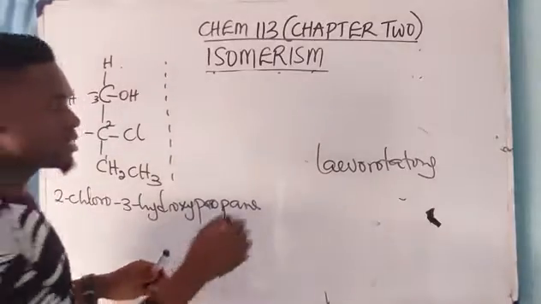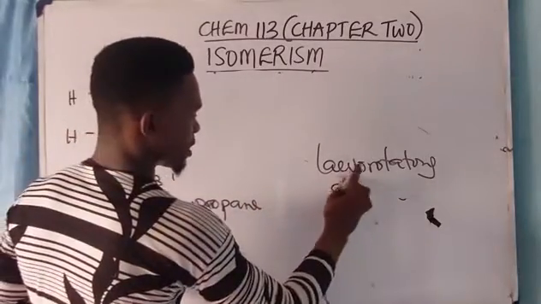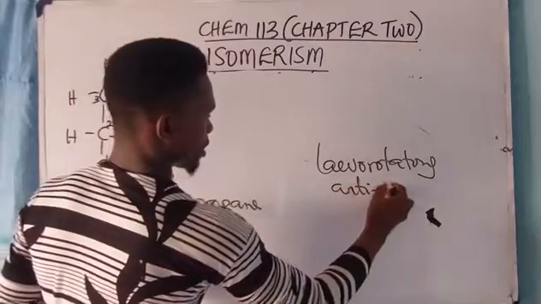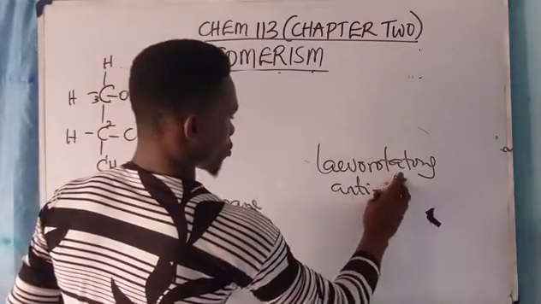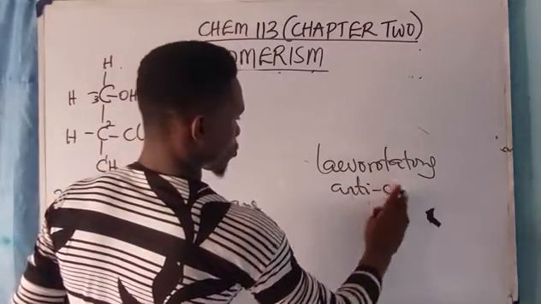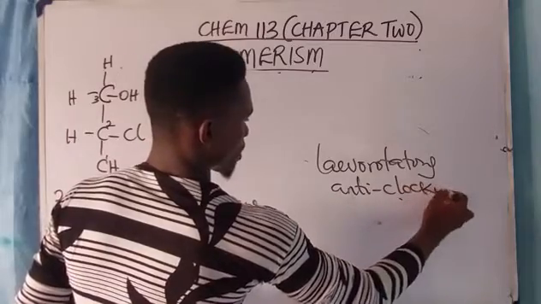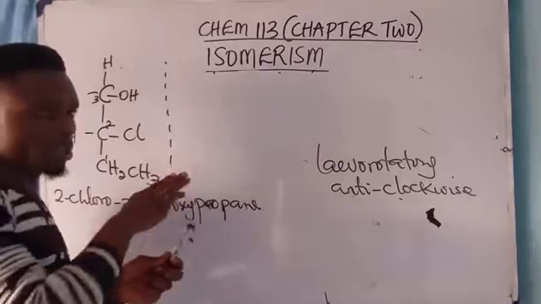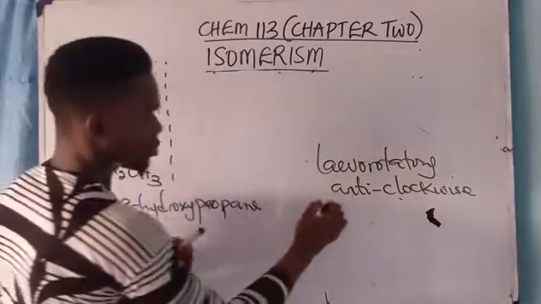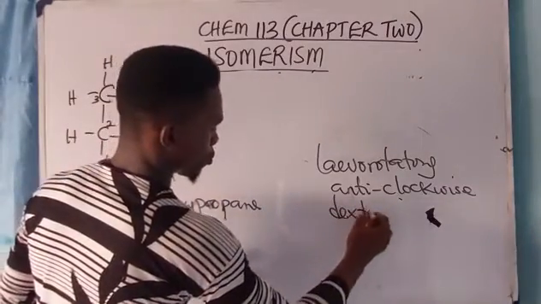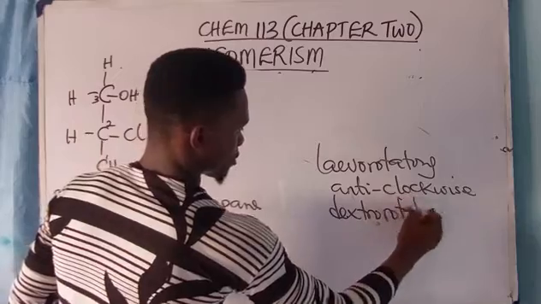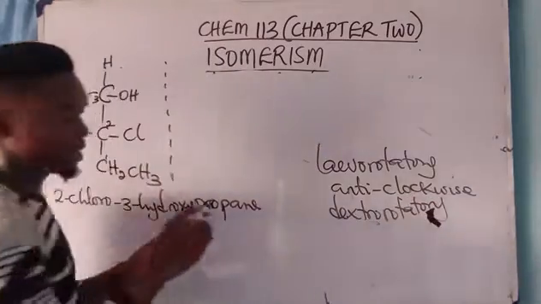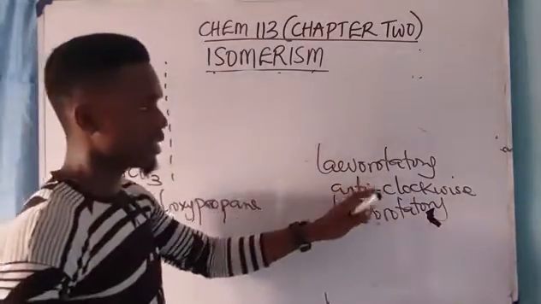But if this left is usually what? Anti-clockwise. But if it rotates to the right, it's called what? Dextrorotatory. If it rotates to the left, it is called what? Levorotatory, and it is what?